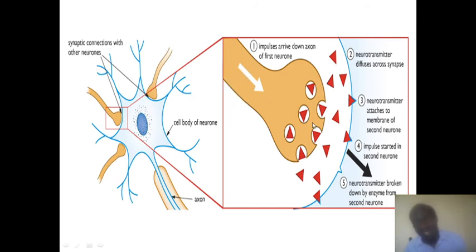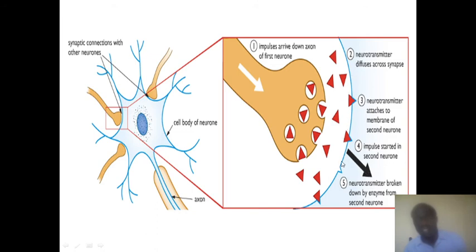So as the impulse comes in and reaches this synapse or the synaptic membrane here of the presynaptic neuron, the presynaptic membrane will release chemicals called neurotransmitters. As you can see, they are released into this synaptic gap and they diffuse across the synaptic gap and they attach to the membrane of the postsynaptic neuron.